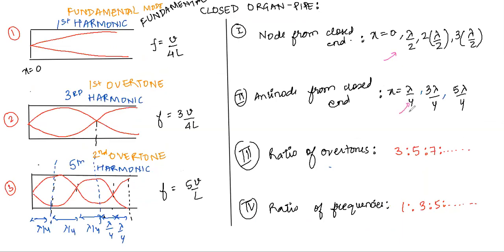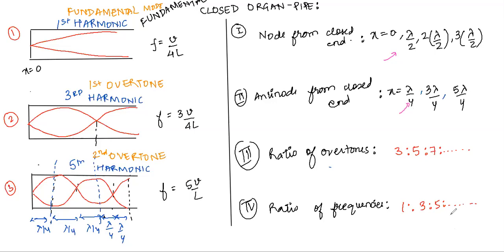Suppose I tell you, give me the vertical displacement at x equal to some value, let's say 3 lambda by 4 or lambda by 4. Will you be able to give that?